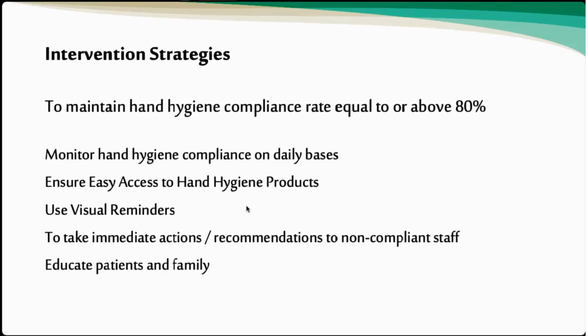Examples of intervention strategies for this objective are to monitor hand hygiene compliance on a daily basis, to ensure easy access to hand hygiene products, to use visual reminders, to take immediate action or give recommendations for non-compliant staff, and to educate patients and family.